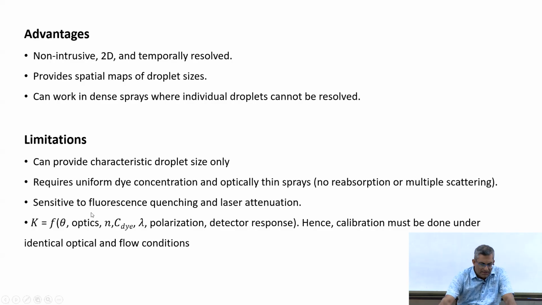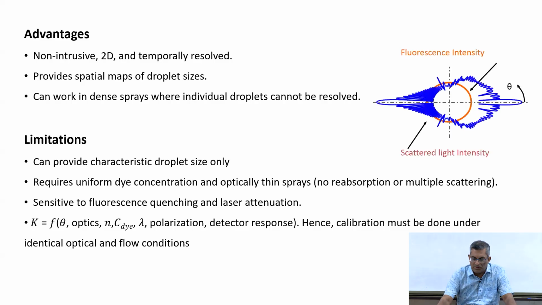However, the limitation is that we can get only a characteristic droplet size, and unfortunately, the calibration constant is dependent on several factors. So it is not a universal constant. Why? Because of this reason.